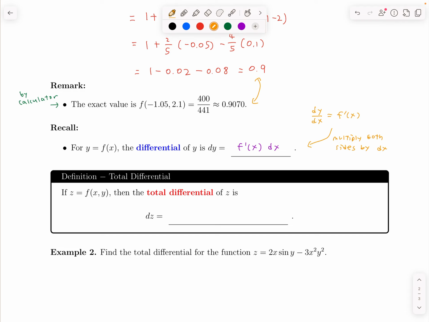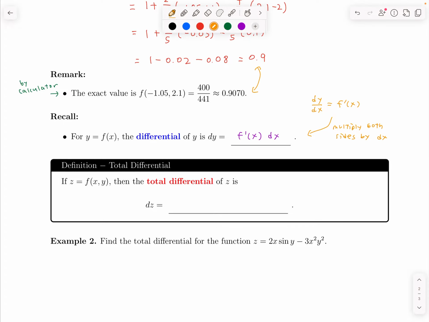So our total differential right here, by using a similar idea, you have the derivative times dx. And right here, because z is a function of two variables, we don't really have the derivative. We do have partial derivatives. So we have partial z over partial x and partial z over partial y.